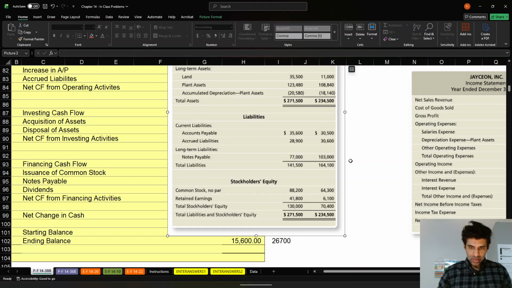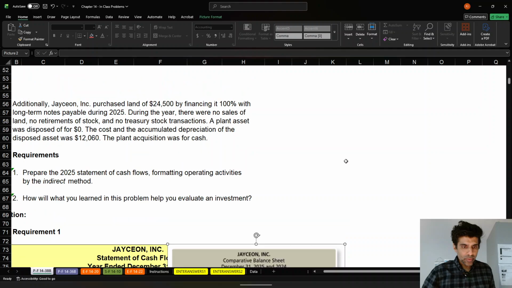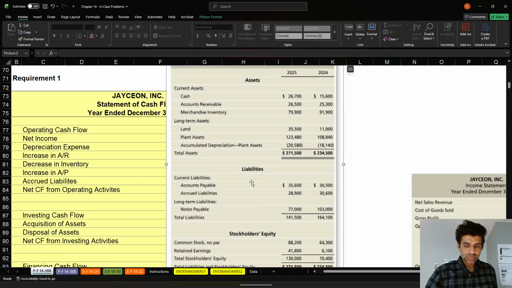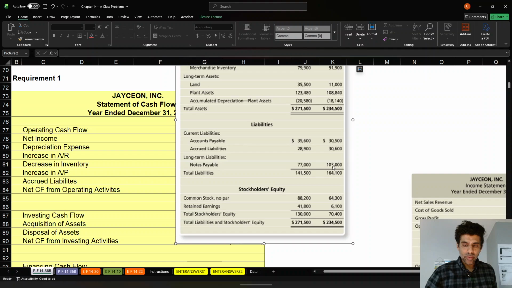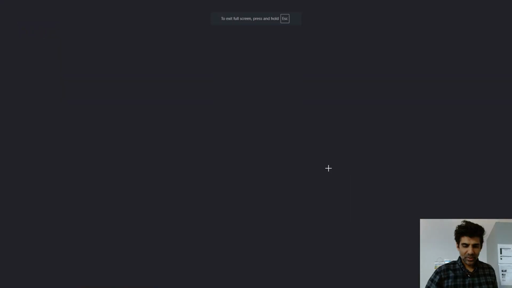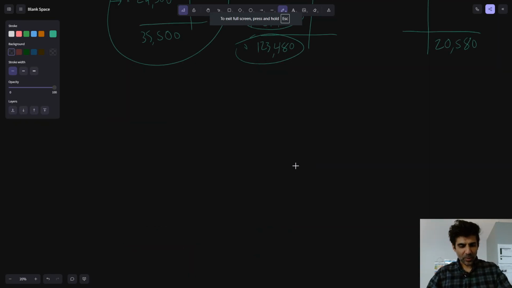Now, notes payable, we have a net decrease. We had one transaction that we know increased notes payable by 24,500. We see that we had an overall decrease, so something happened. Let's look at the T account for notes payable.